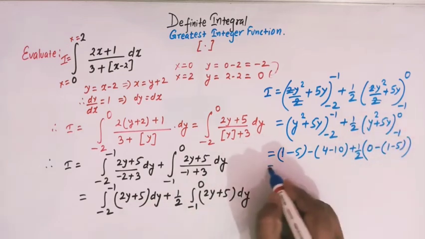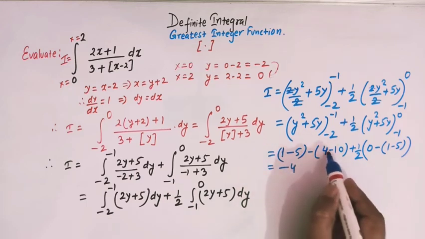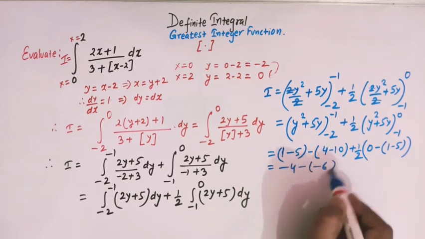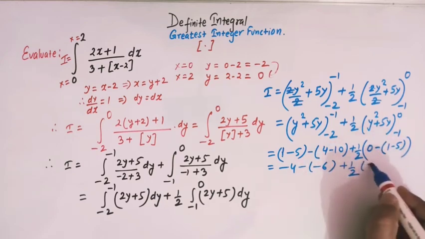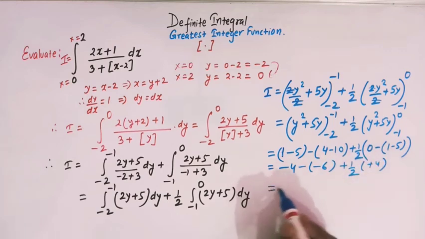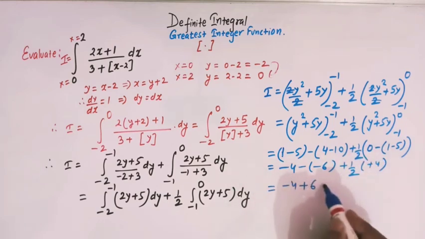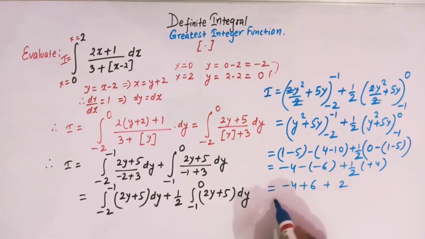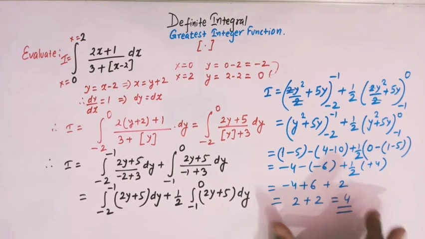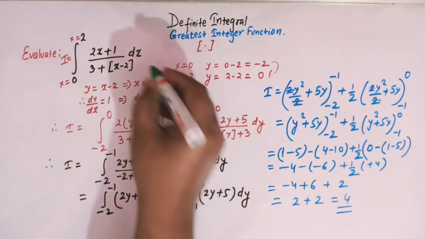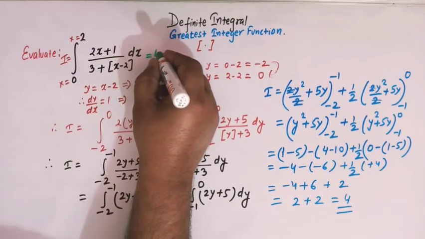So this is minus 4 minus minus 6, which is minus 4 plus 6, that is 2, and half times minus of minus 4 is plus 2, so we have 4. Therefore the value of this integral is equal to 4.